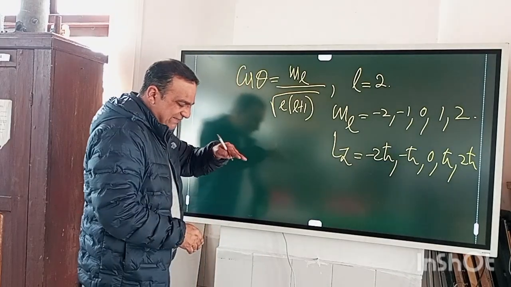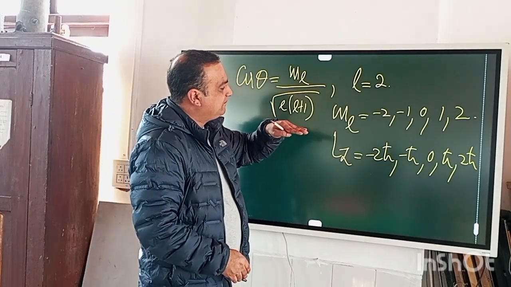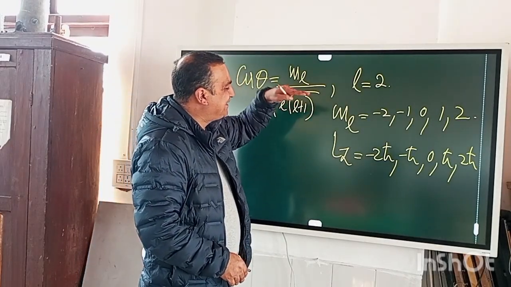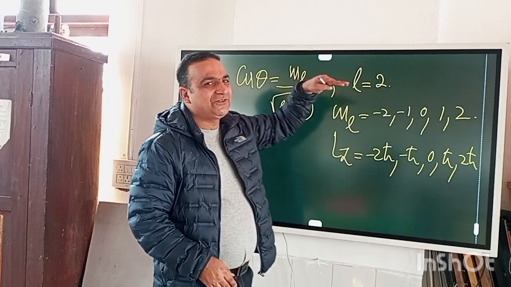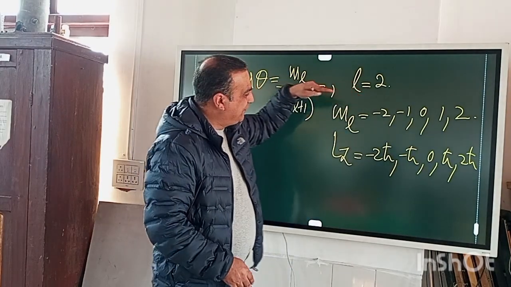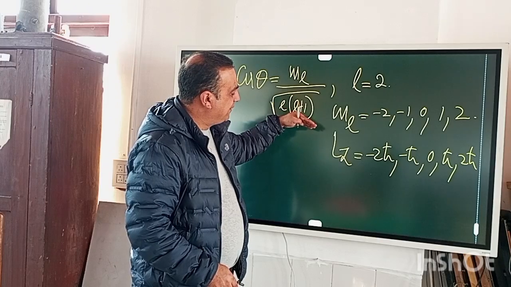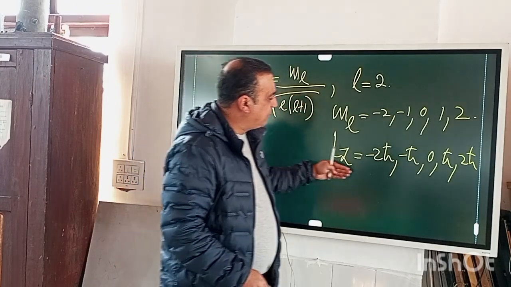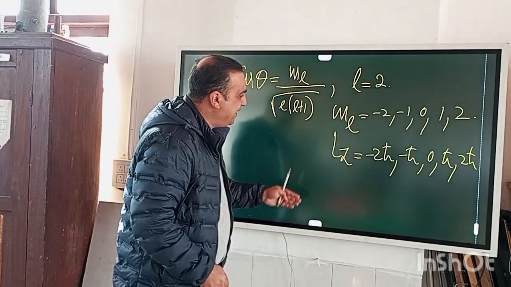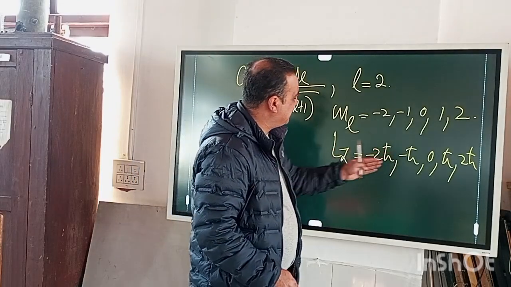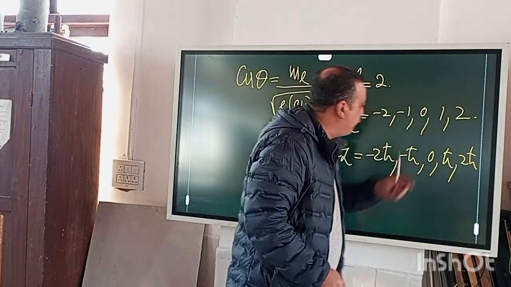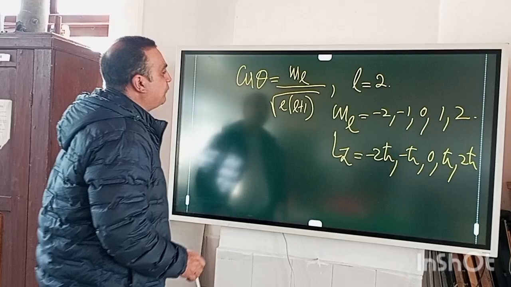So there will be 5 quantized orientations of the angular momentum. So the values of angular momentum can be seen here. For this purpose, we will have 5 values of angular momentum in z direction.